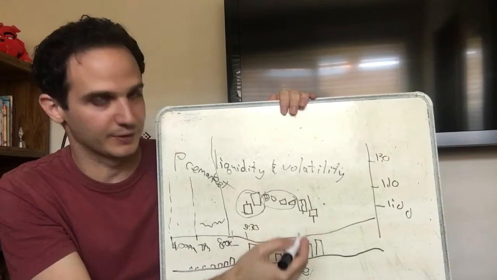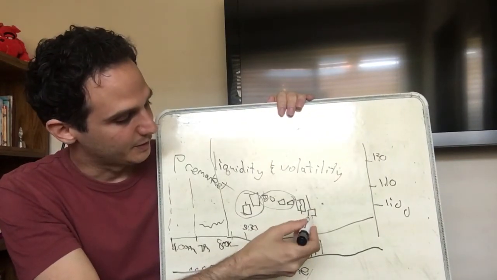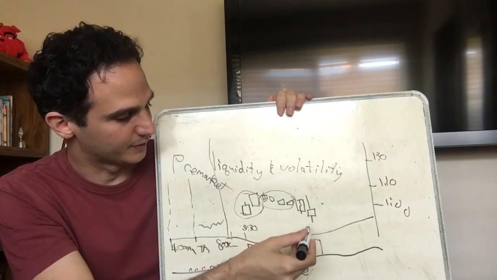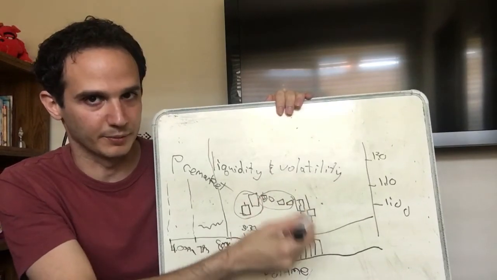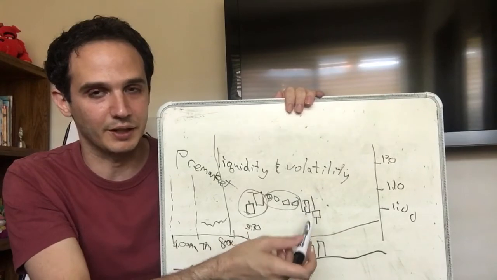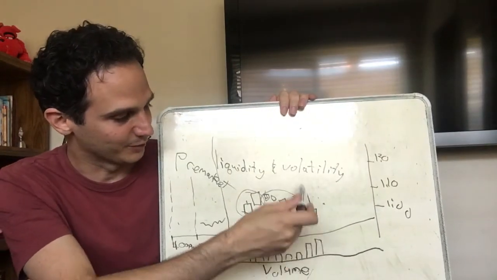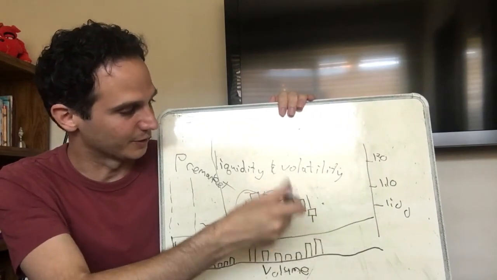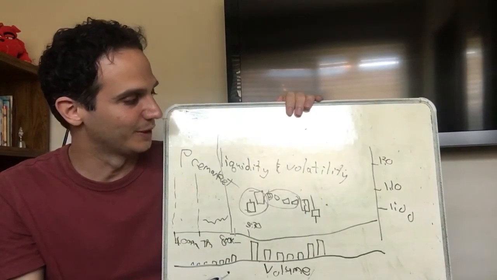Since this is a volatile candle, let's say a move of 10% or more in a minute, the volume will likely be higher because more traders will be buying and selling during times of volatility.